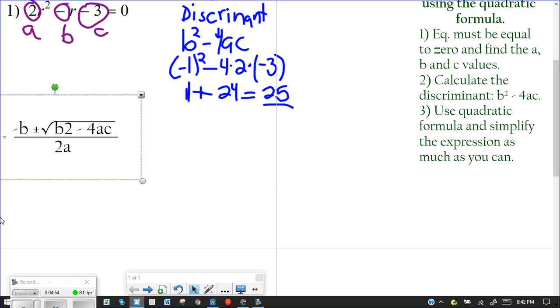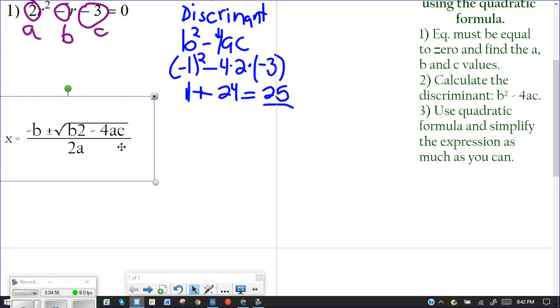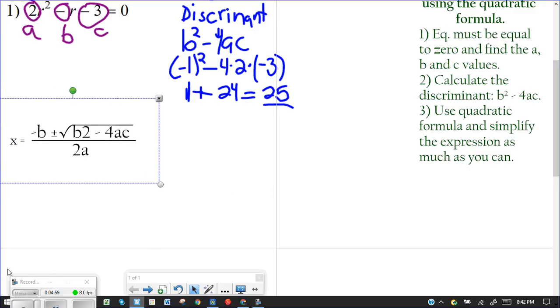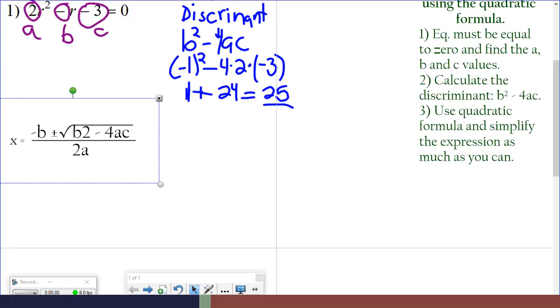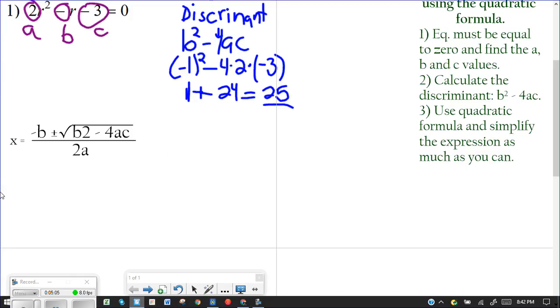To use it, I'm going to put in x is equal to negative, because the formula has a negative. Now it's asking me to put in the b value. The b value is -1, so I need to put a -1 in here.